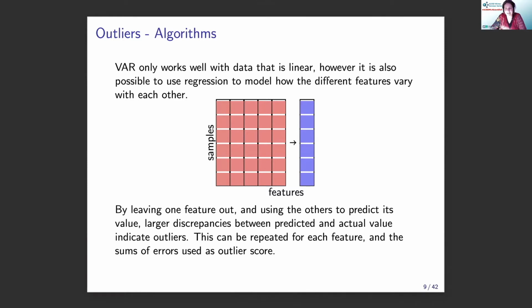However, it is also possible to use regression to model how the different features vary with each other. So say this here is a set of 6 different samples with 6 different features. We can split off one of those features, because we don't have any labels, and use the values in the other 5 features of the same sample to predict that sixth feature.